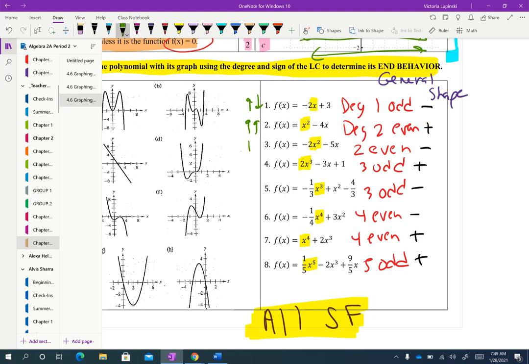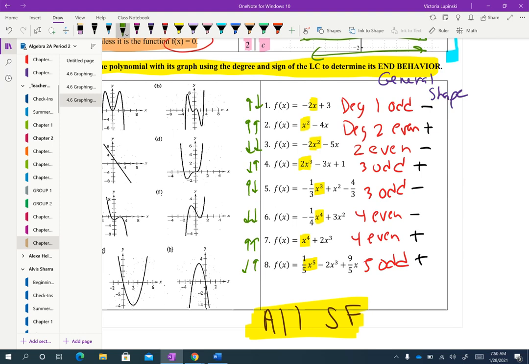Number 3, even negative, down, down. Odd positive is down, up. Odd negative is up, down. Number 6, even negative, that's down, down. Even positive is up, up. And then odd positive is down, up.